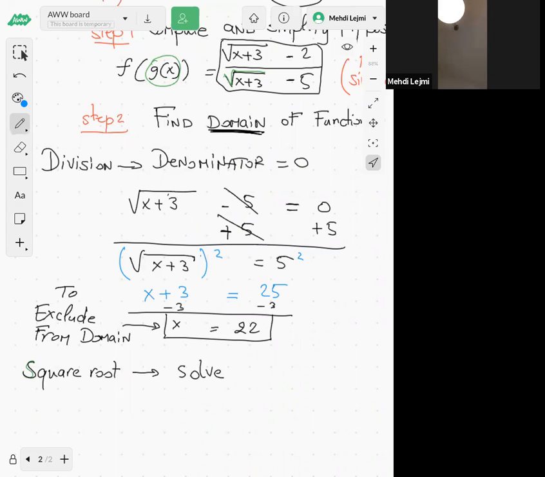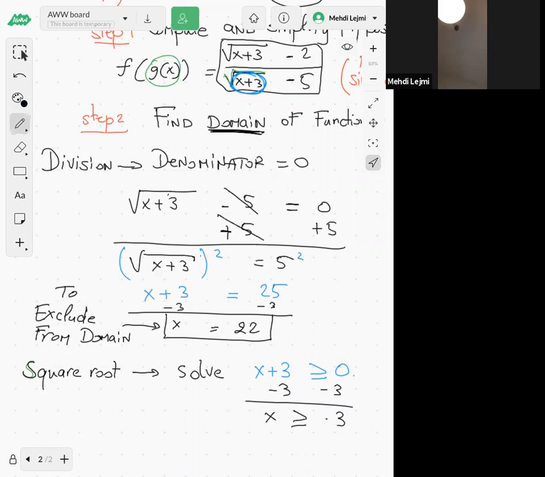Under the square root, we have x plus 3. So we have to solve x plus 3 larger or equal to 0, because we are not allowed to have negative numbers under the square root. All right, so here, subtract 3. So this is x larger or equal to negative 3.